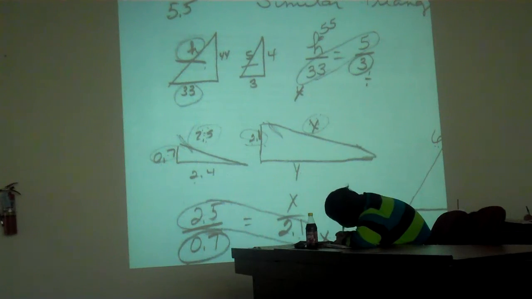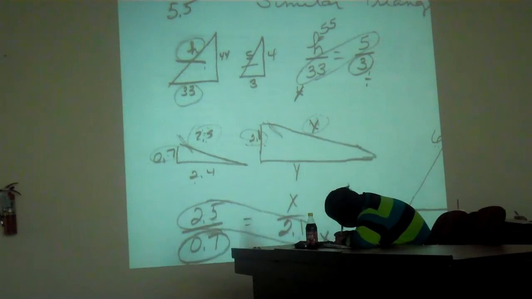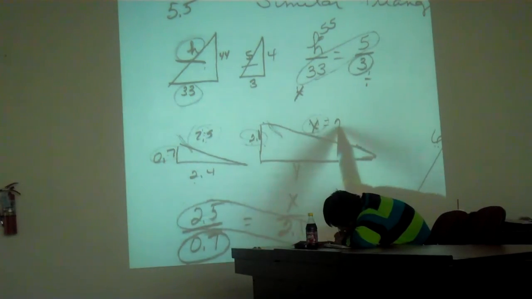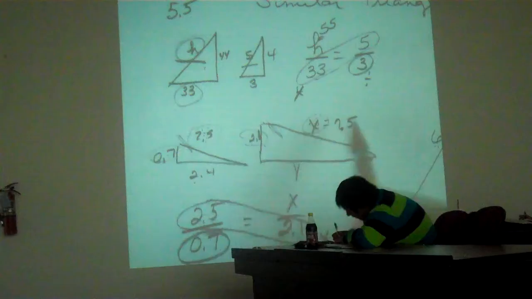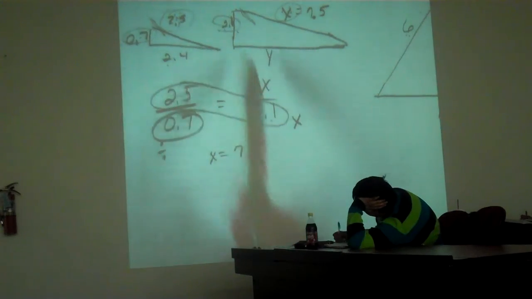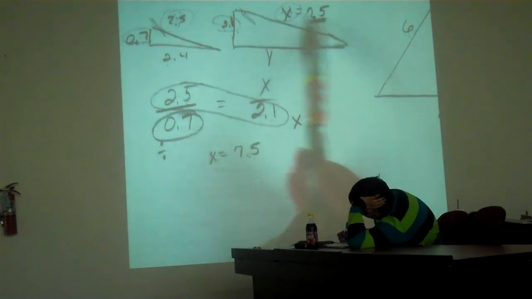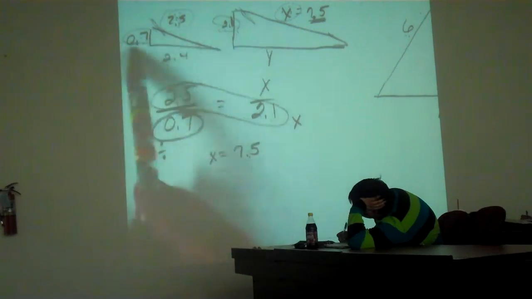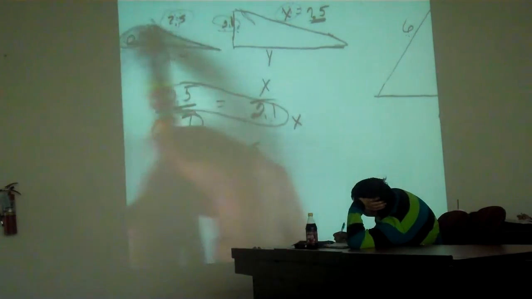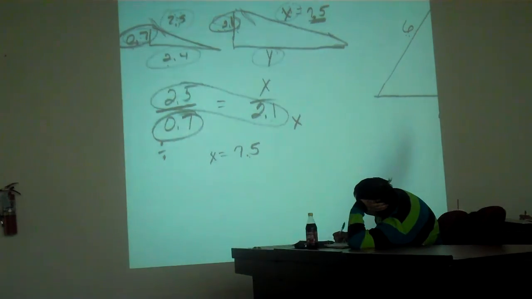To get the y, you don't want to use these unless you plug the 7.5 in. If you want to, you can do that, but you're better off using numbers that you know are exact. You're not sure if you figured this one out, so use the original problem numbers, okay? So use these two numbers and then the bottoms. Okay?